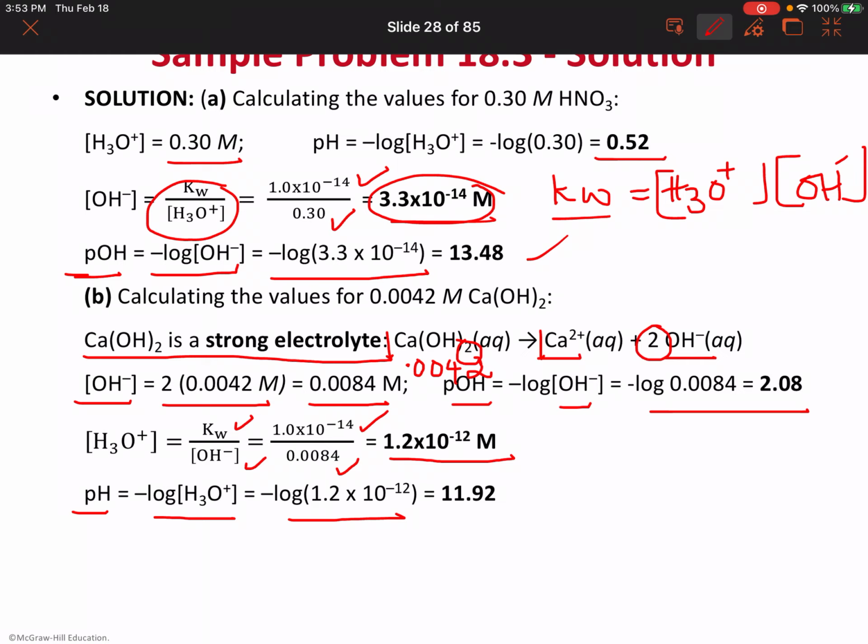So that is how you can calculate pH, pOH, hydronium ions, hydroxide ions for strong electrolytes, because they completely dissociate into ions. So we can go by their molar ratios if the concentrations are given.